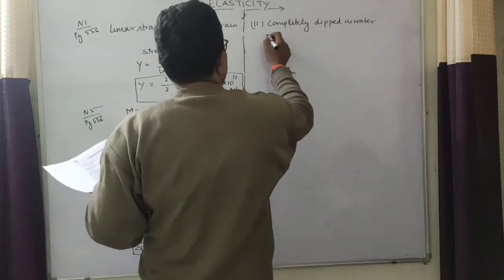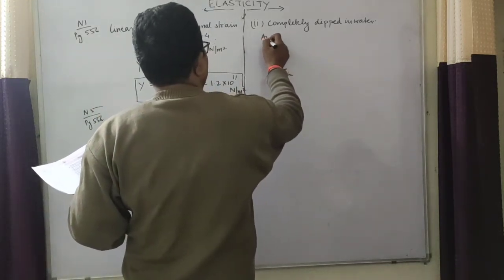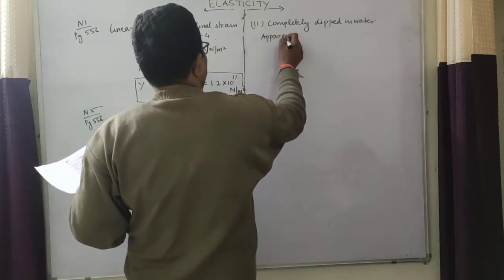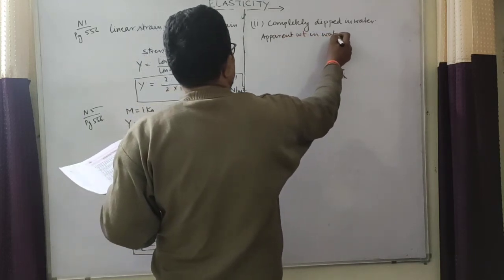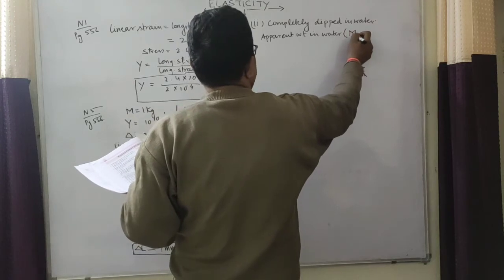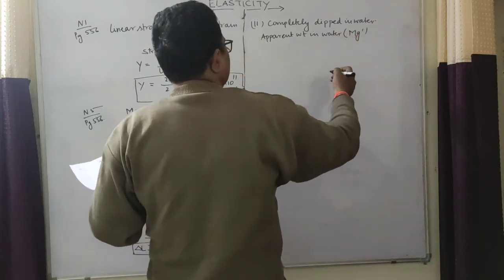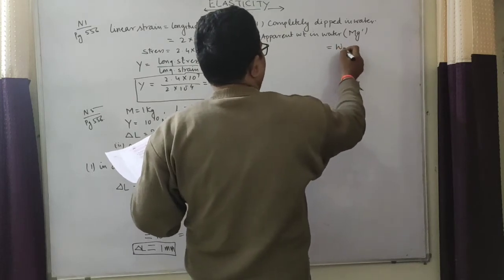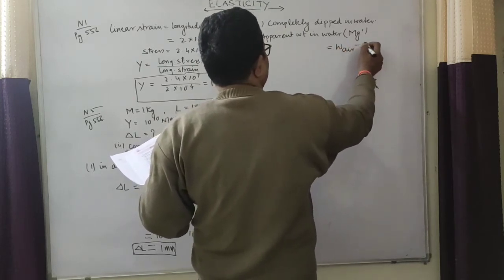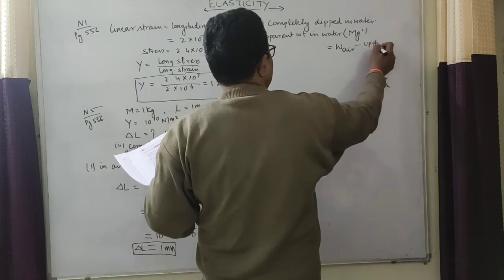So here the apparent weight in liquid, in water, I am taking it as mg dash, is equal to weight in air minus upthrust.